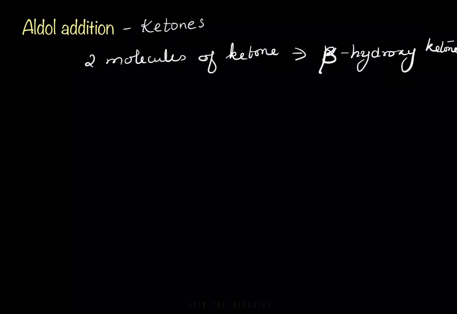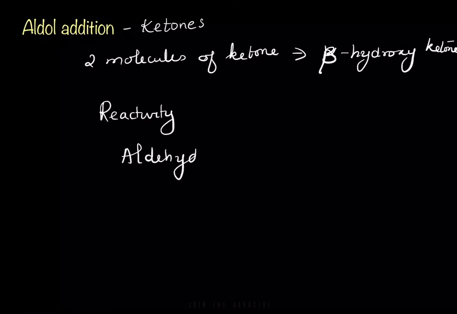This we have probably covered in the last chapter. For the same reasons, the aldol addition reaction with ketones is going to be slow. So the order of reactivity is that aldehydes are going to be more reactive compared to ketones. So here it's going to be slow.